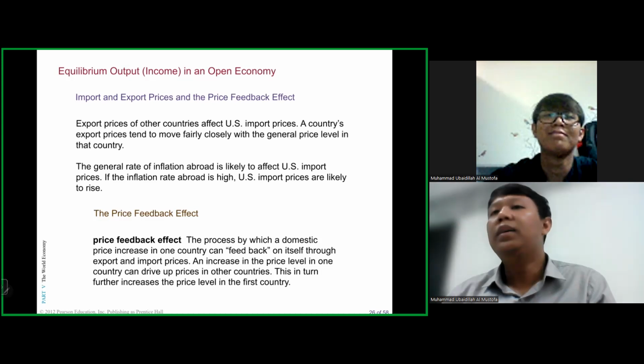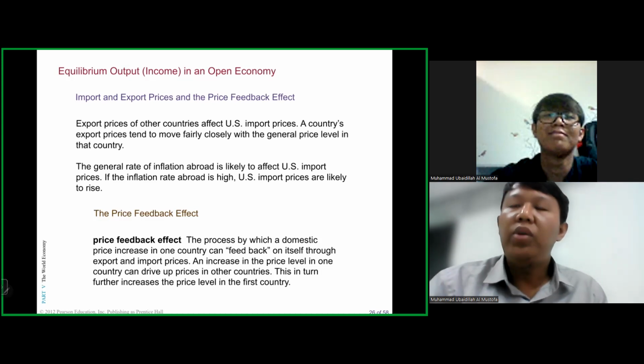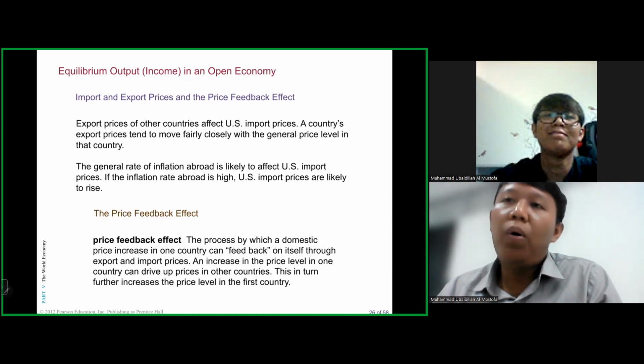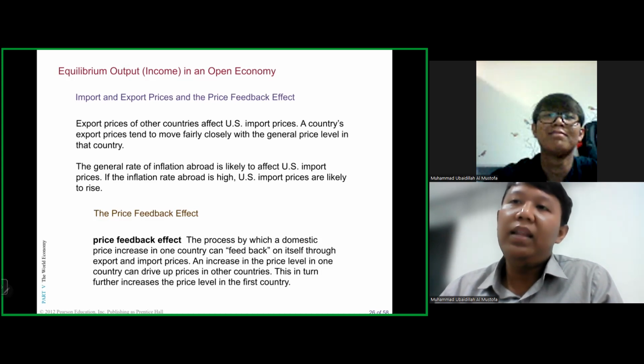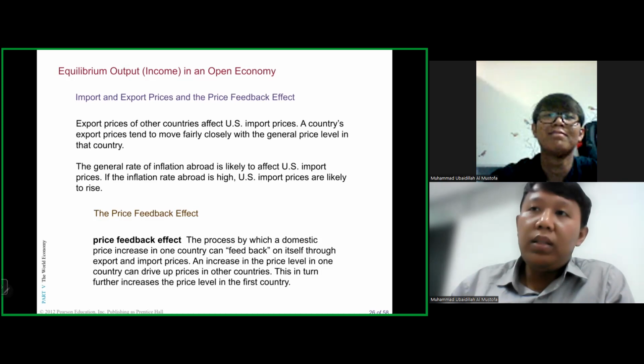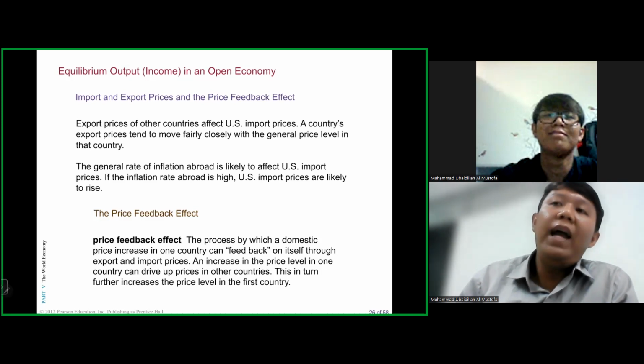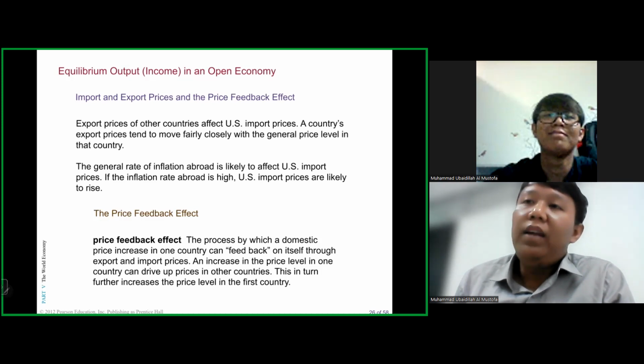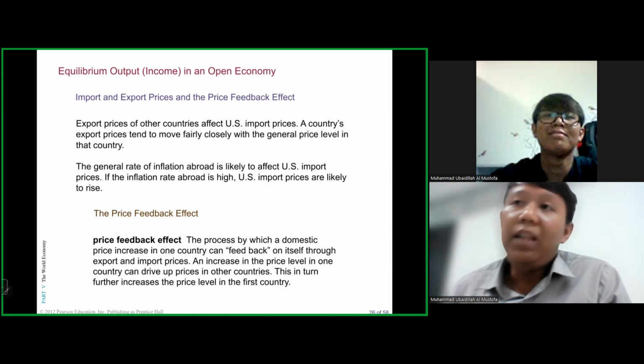For example, we're doing trade with Thailand, and we are importing rice from Thailand. Let's say that Thailand is experiencing inflation, which makes the imported products coming from Thailand rise in price and become more expensive.